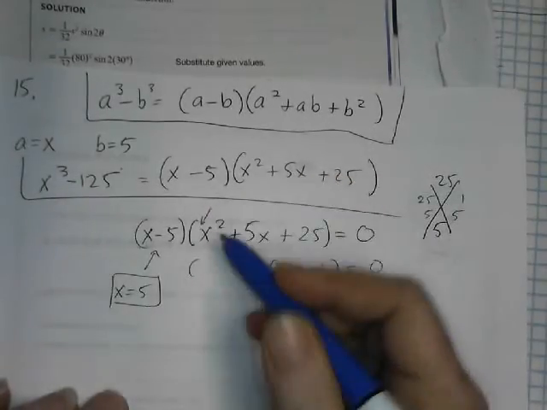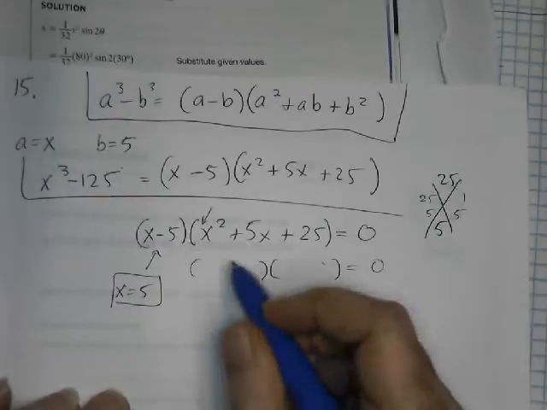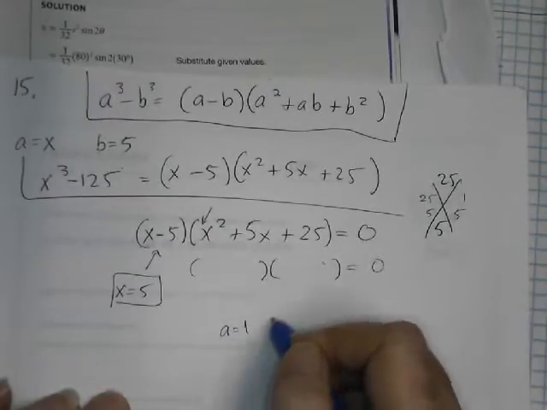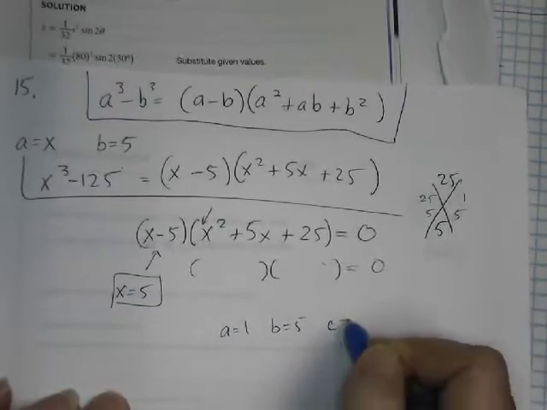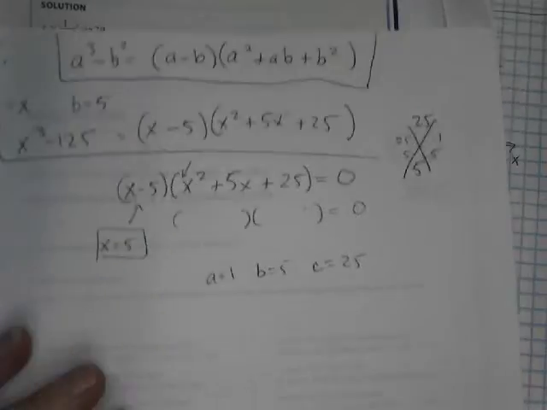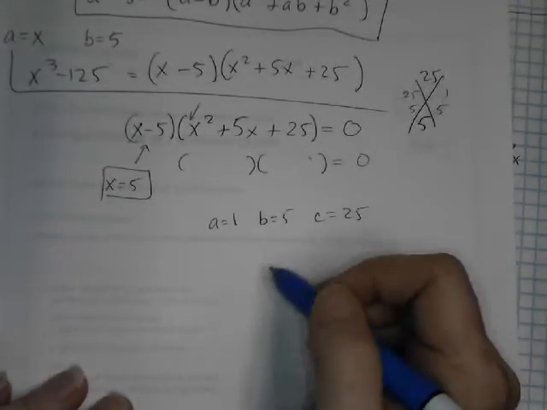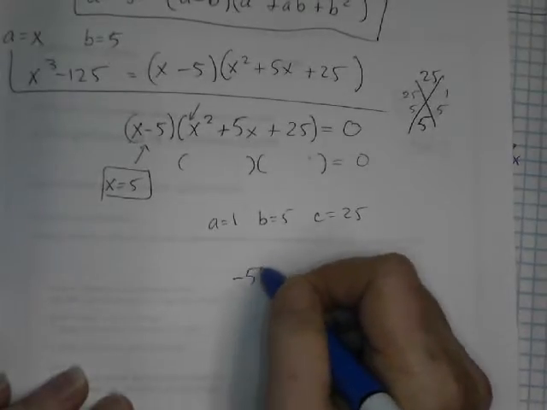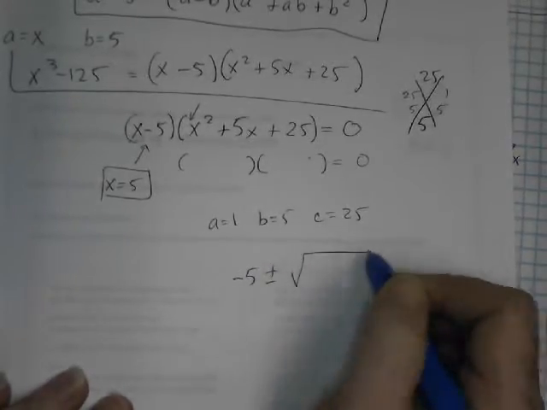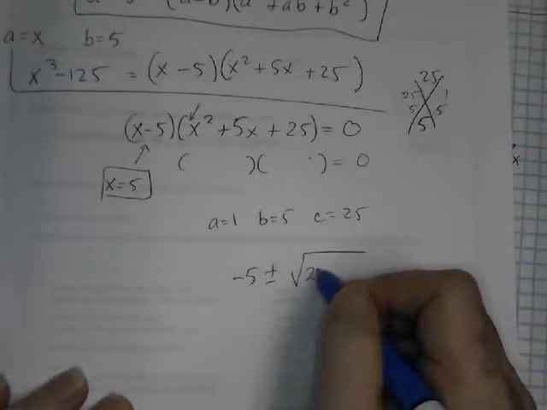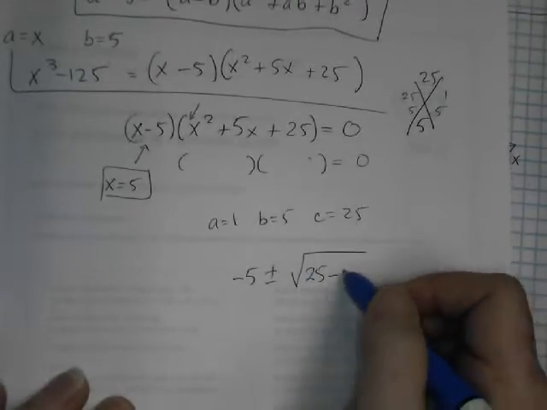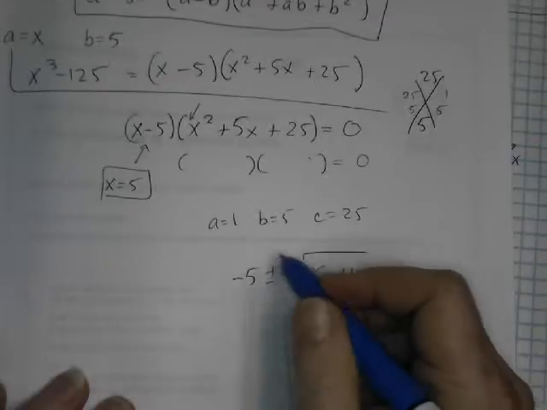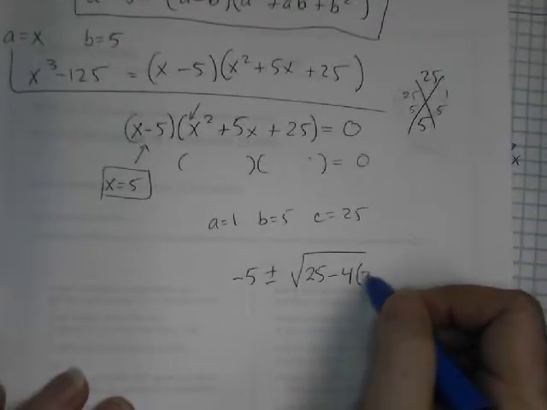So a is 1, b is 5, c equals 25. What's the quadratic formula? Negative b plus or minus the square root of b squared minus 4 times a, I'm not going to write a because it's 1, times c.